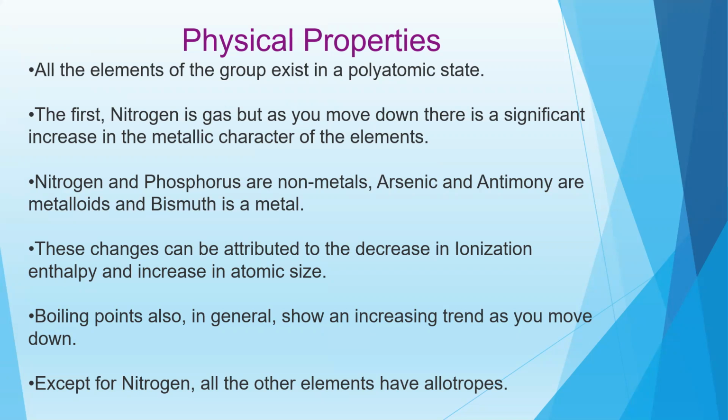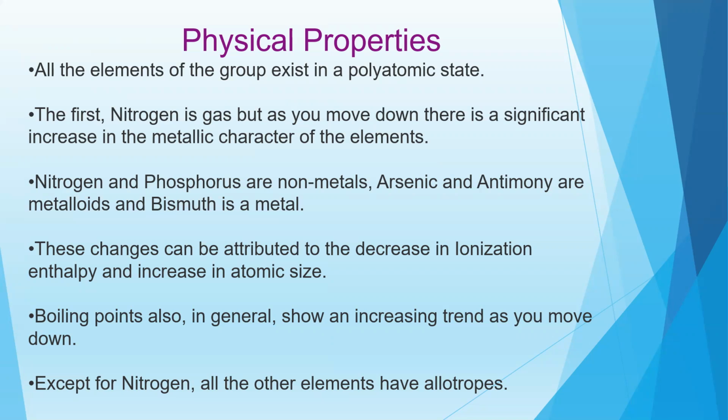Nitrogen and phosphorus are nonmetals, arsenic and antimony are metalloids, and bismuth is a metal. These changes can be attributed to the decrease in ionization enthalpy and increase in atomic size.